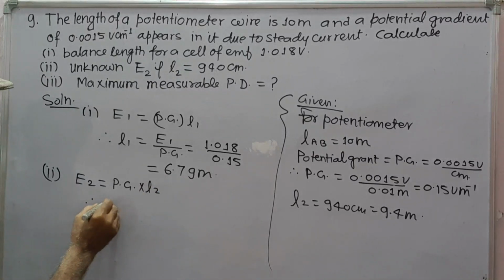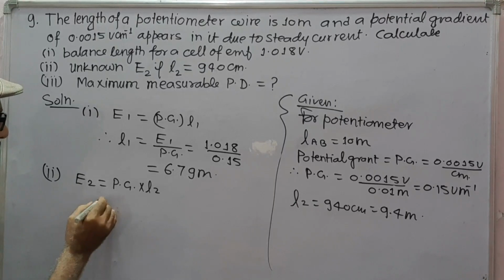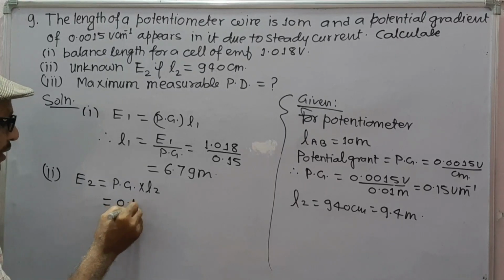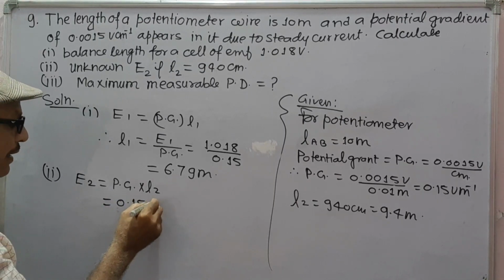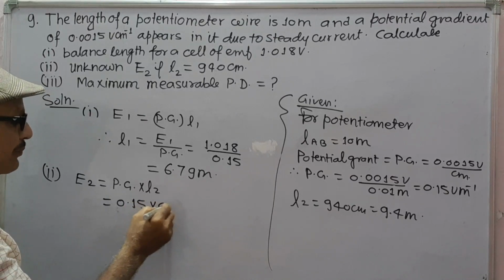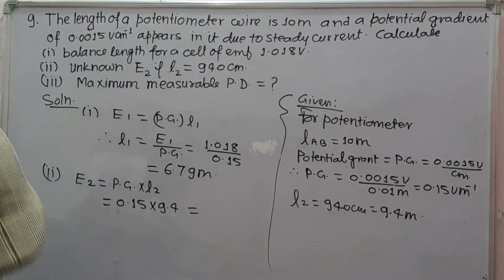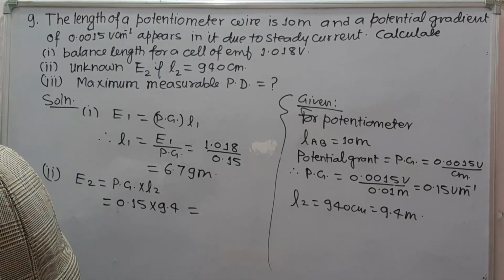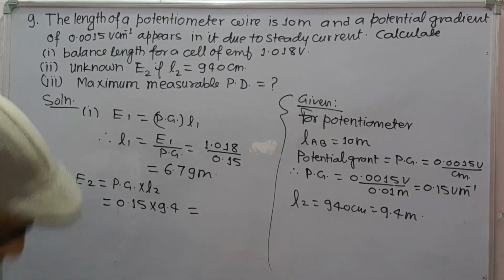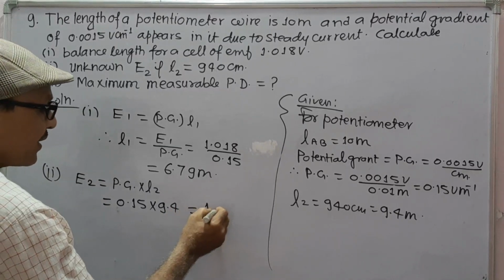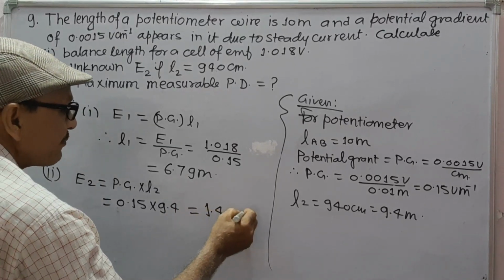Therefore, E2 will be equal to 0.15 into 9.4, which gives E2 as 1.41 volt.